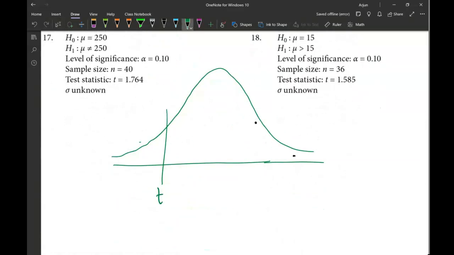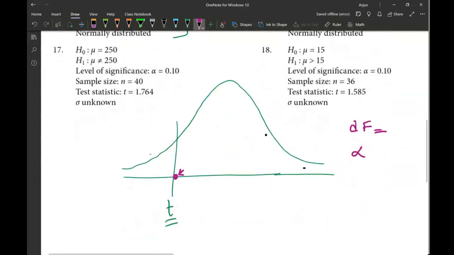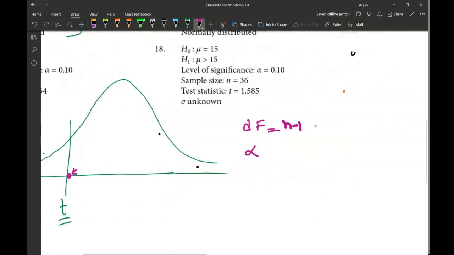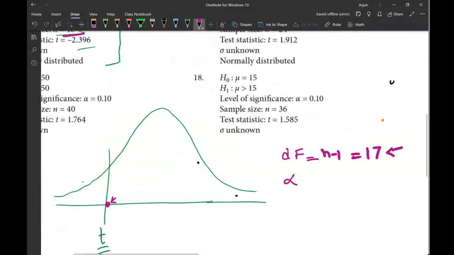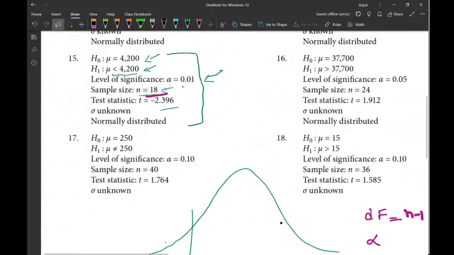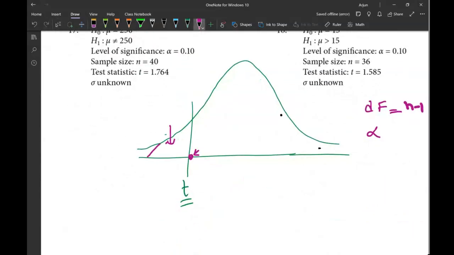Now here I have to find the t value. And whenever you are finding the t value, you don't worry about the probabilities like we did in the previous question. The only thing we look for is degrees of freedom and alpha value. So degrees of freedom will be n-1, which will be equal to 17. And the alpha value in this question is 0.01 under one tail.